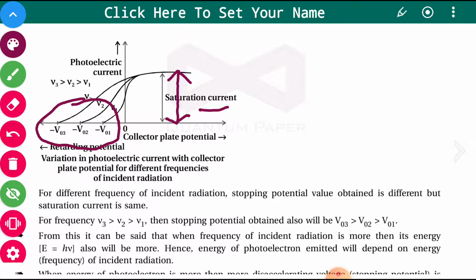So we can say if intensity is kept constant, the energy of the photoelectrons, if you increase the frequency, try to understand, if you increase the frequency, then the energy of the photoelectrons which are emitted from the photosensitive surface increases.